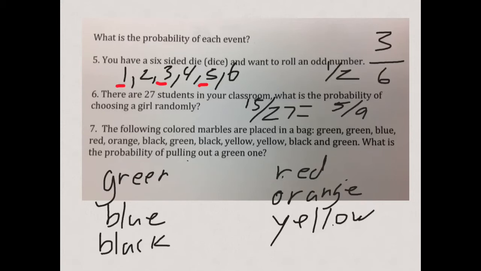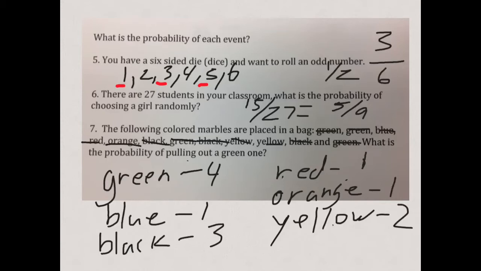So I could say green, 1, 2, 3, 4. For blue, I see 1. For black, I see 1, 2, 3. So you could use this to track what is there, because this question does have a few items to it. Red, I see 1. Orange, I see 1. And yellow, I see 1, 2.